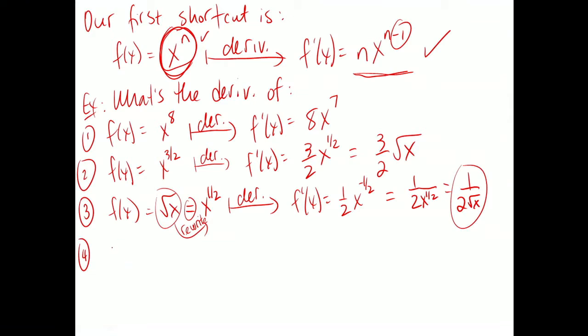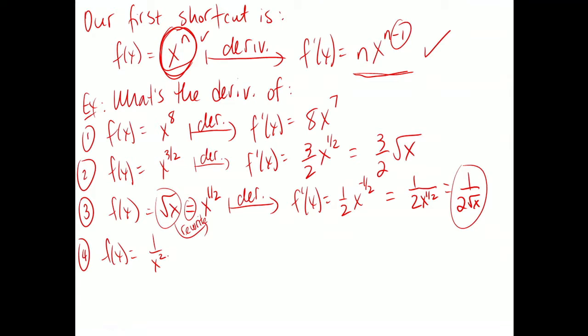So for example, if I have f of x equals 1 over x squared, I think I actually know how to do the derivative of this. But again, word of caution. Don't do the following. I should probably not keep doing the wrong ways, but I'll do it anyway just to show you what not to do here.